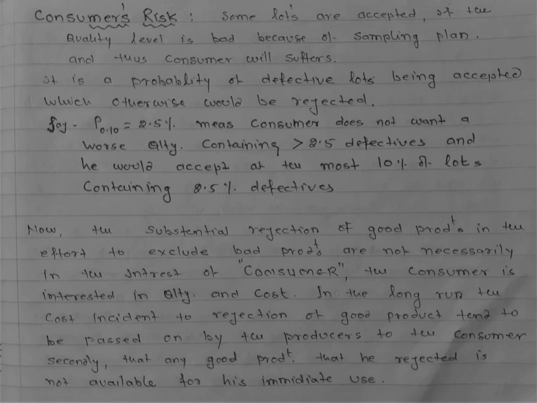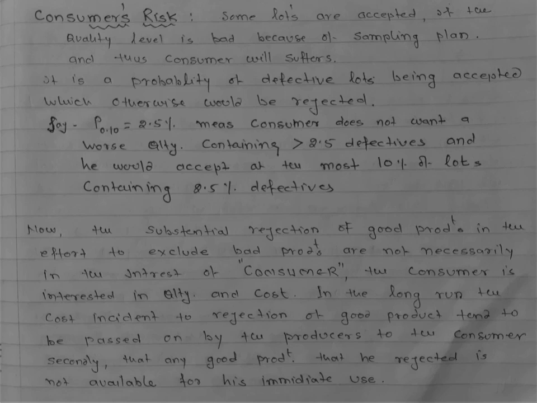So in consumer risk, sometimes in a bad lot we take a sample, and if the sample is as per the desired conditions, then the lot is accepted by a customer. But actually, most of the components are deviated from the design dimensions. So it is the probability of a defective lot being accepted, which otherwise would be rejected.